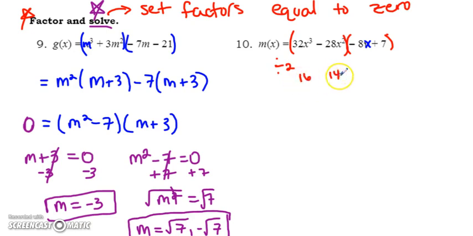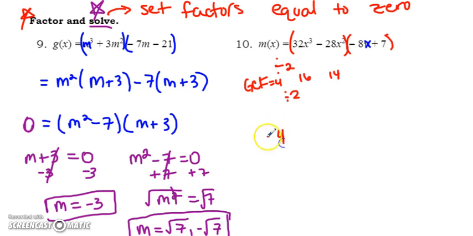By the way, what I'm doing right now is I'm just trying a number to see if it's the greatest common factor, and if it isn't, I'll go back and use a different one. So if I divide by 2, I get 16 and 14, but 16 and 14 are both divisible by 2. So my guess is I probably have a GCF of 4 because 2 times 2 is 4.